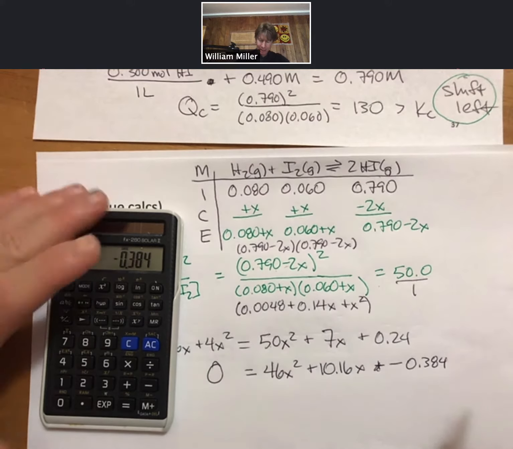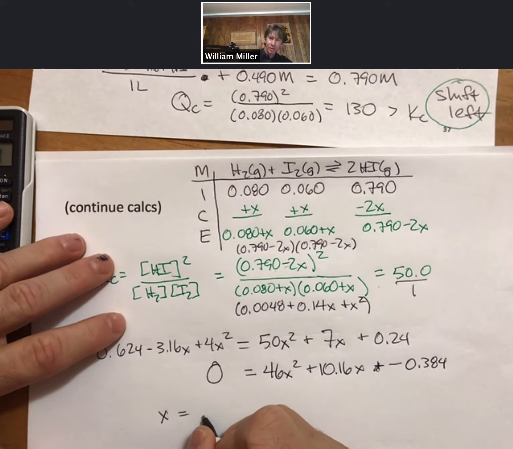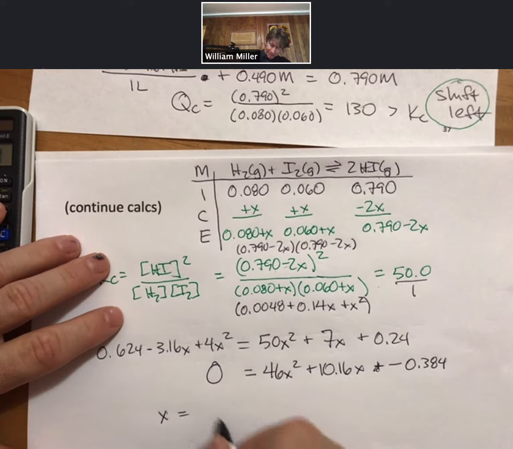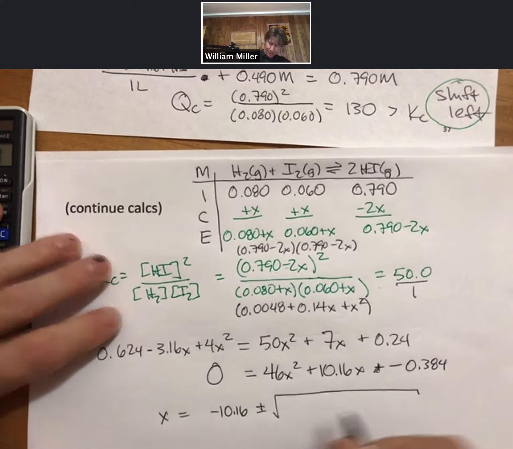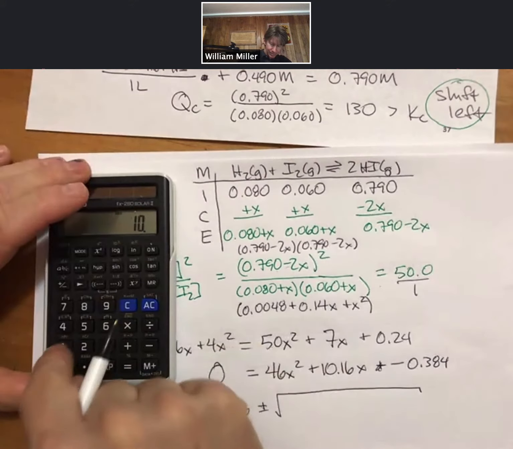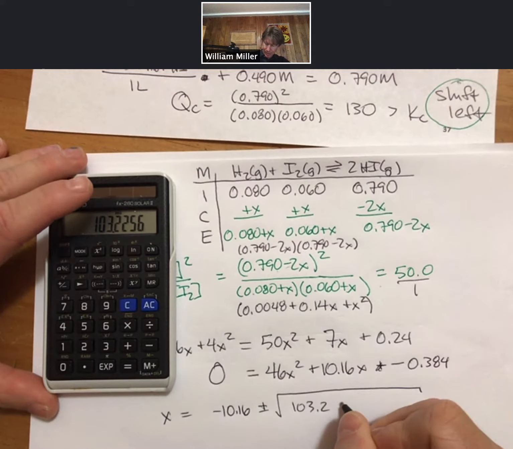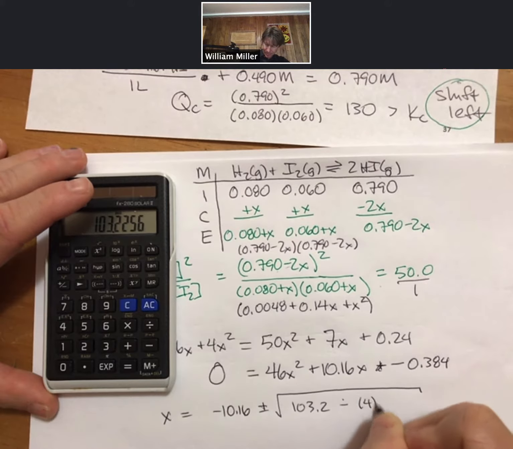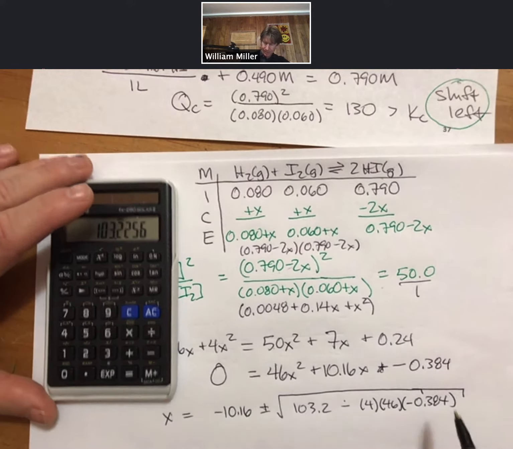So now we plug into the quadratic formula. Minus b, minus 10.16, plus or minus the square root of b squared, 103.2, b squared minus 4ac, there we go.